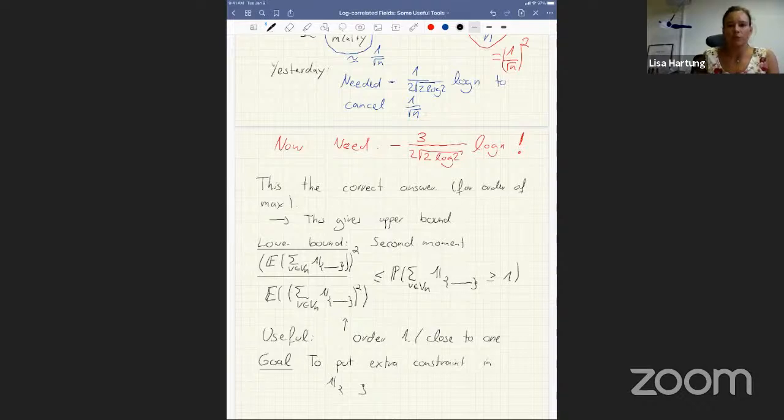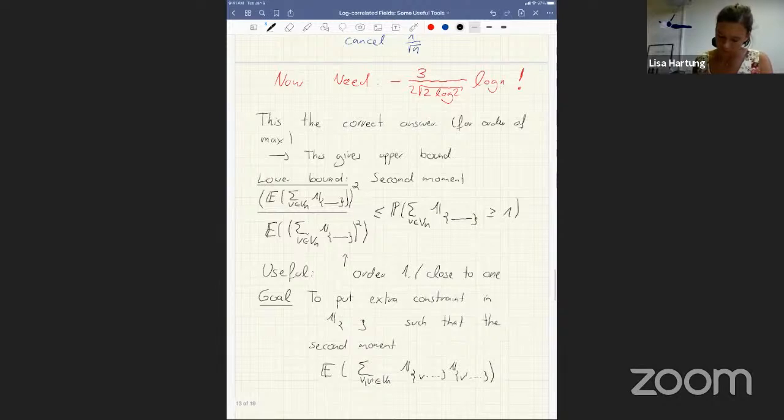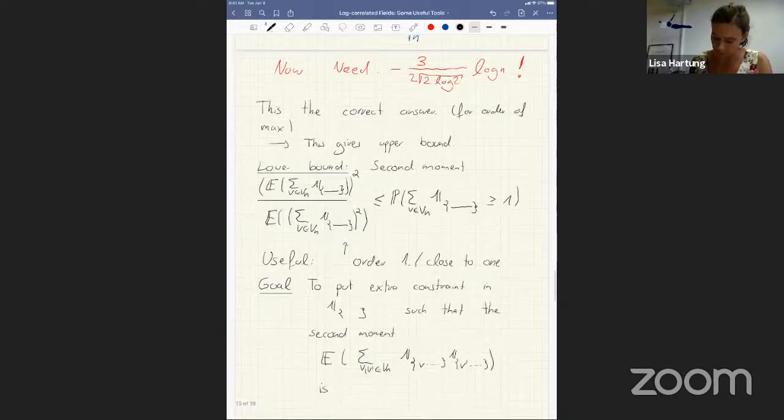But in principle, you can put whatever you want to put there, such that the second moment of the sum, so the expected value of the sum over v and v prime, which are in the end the indicator function for v times the indicator function for v prime, is of order of the expected value squared.